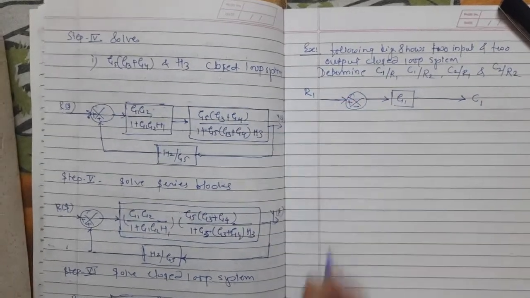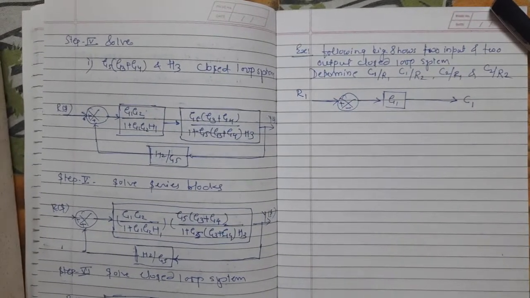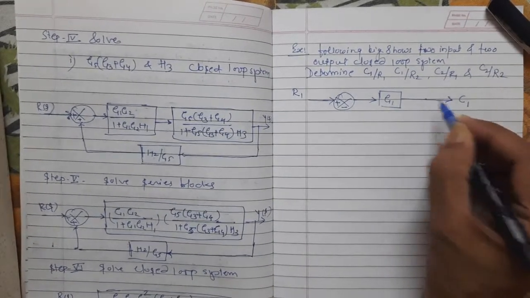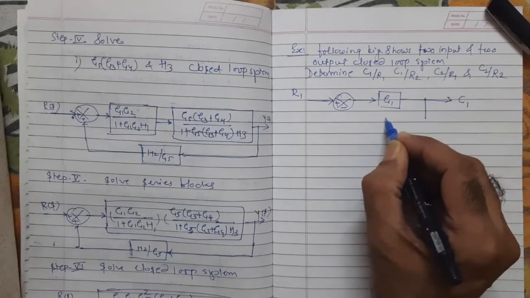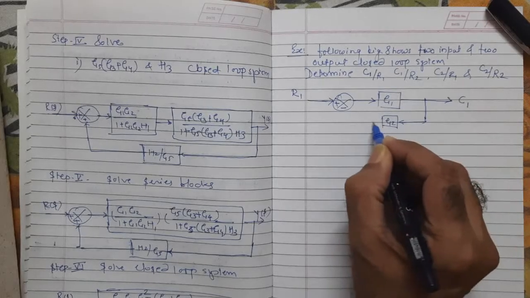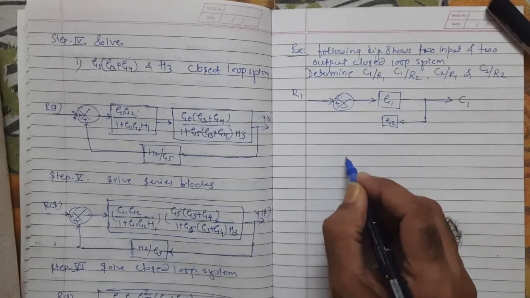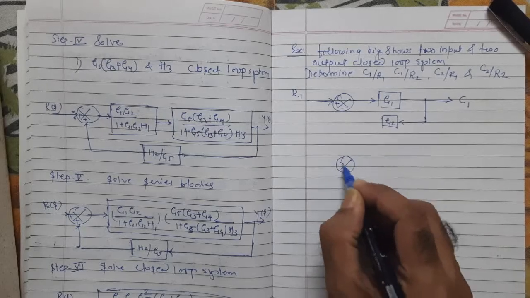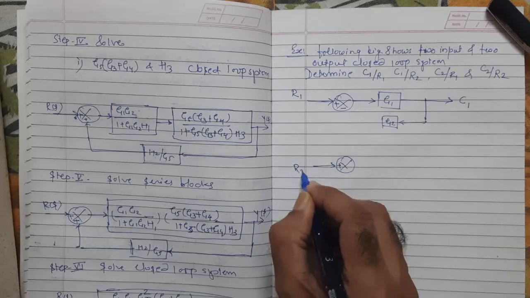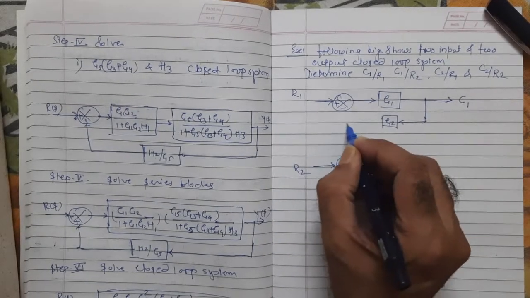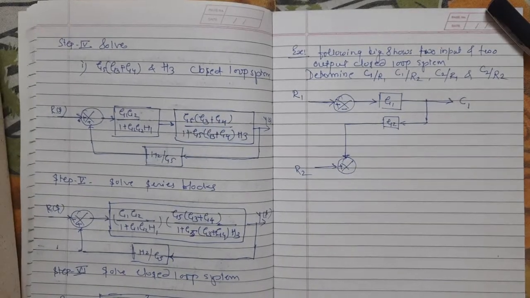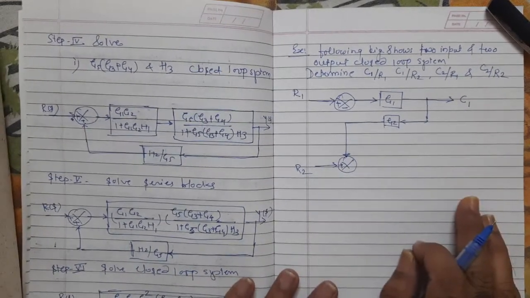This is R1, and from this point we have G2, and then here we have another summing point, this is positive, here is the R2, and this one is connected over here.